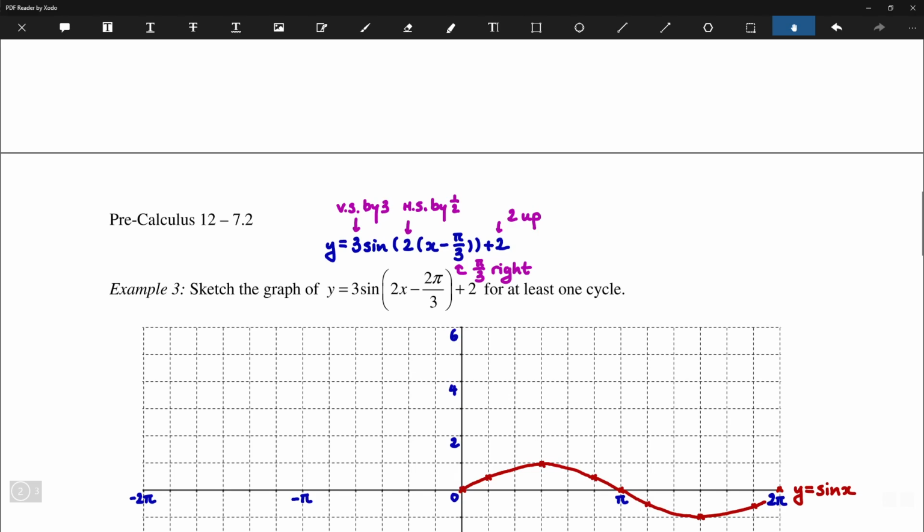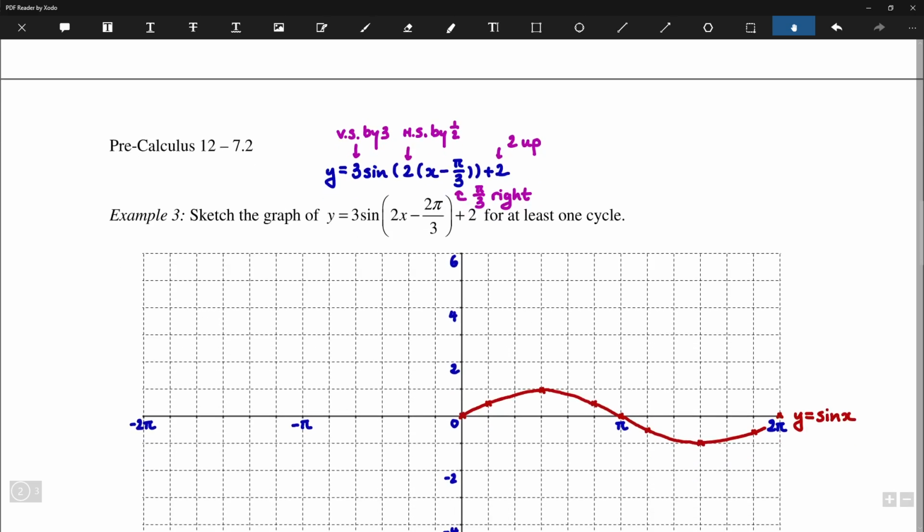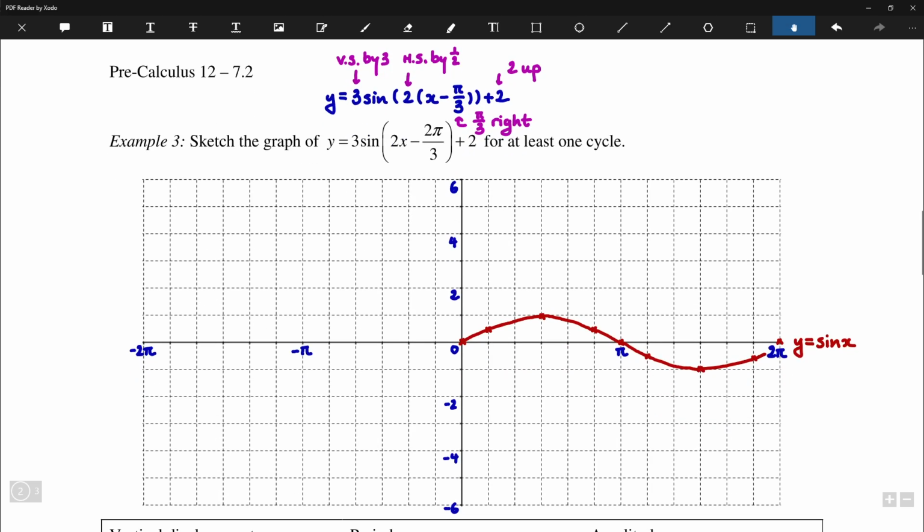So in this case, we know that the new period is going to be 2 pi over 2, which is going to be pi, which is different from the previous two examples.